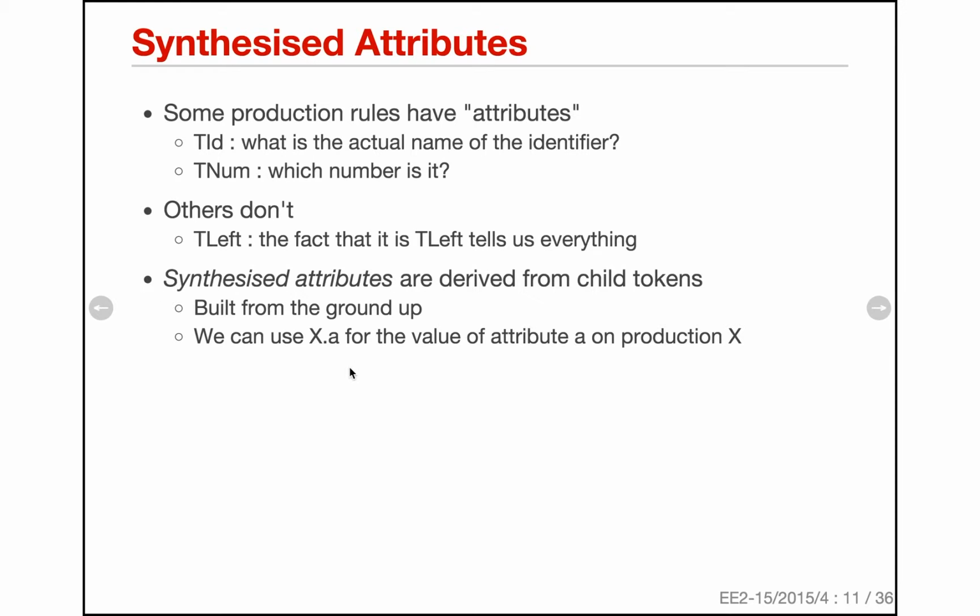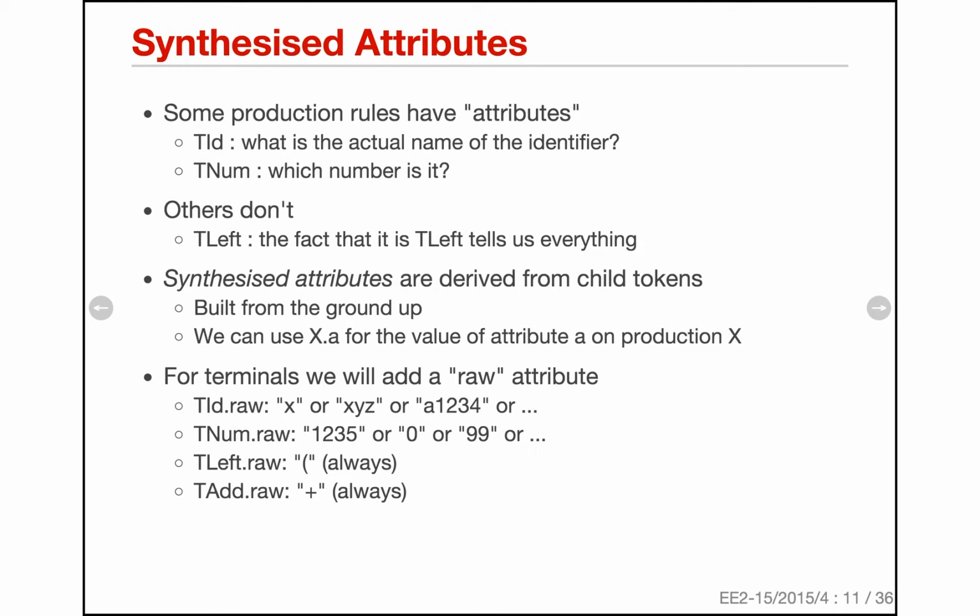A general approach is to say for a production or non-terminal x, x.a is the value of attribute a on production x. In this case, something of TID has a raw attribute, which is the string representing the attribute. A number has a raw attribute, which is the actual number, and these ones have a rather boring attribute, which is just brackets or pluses.